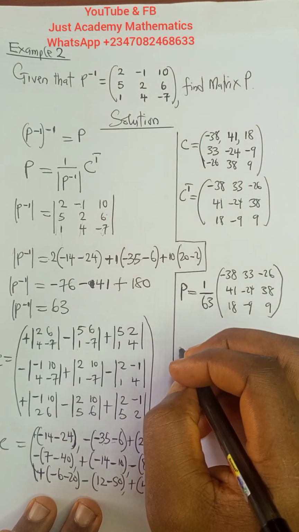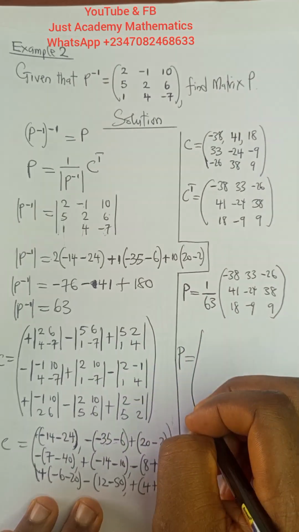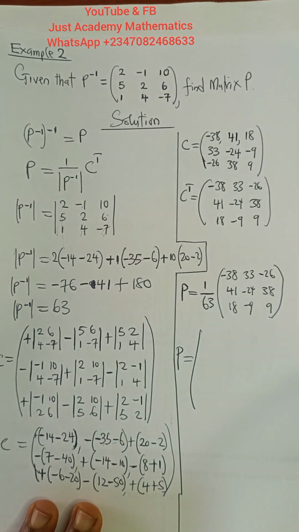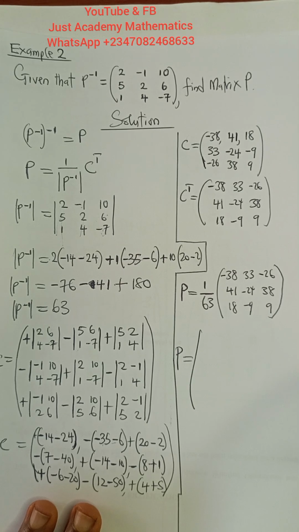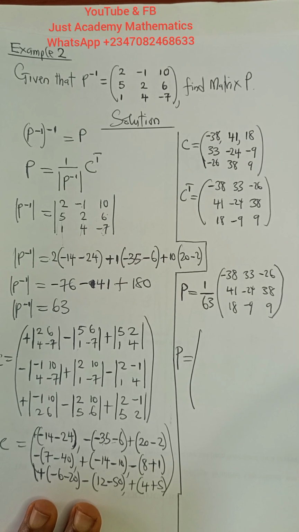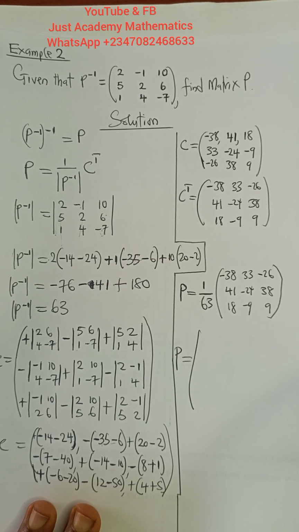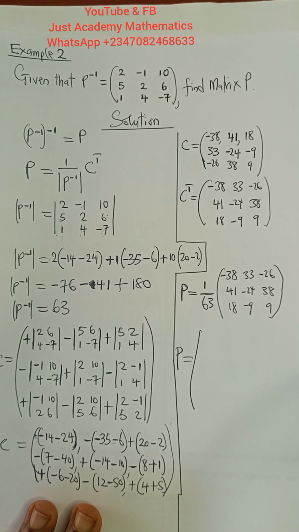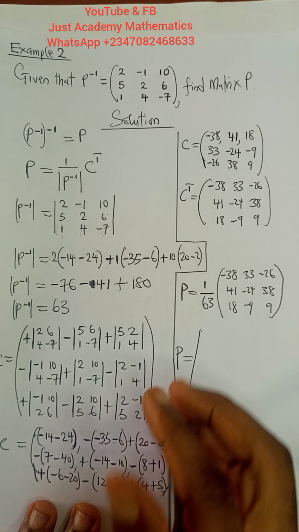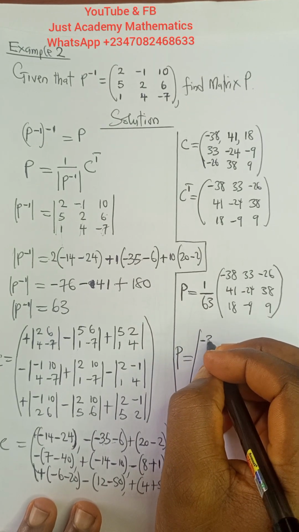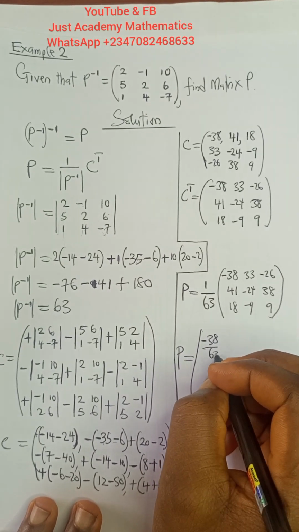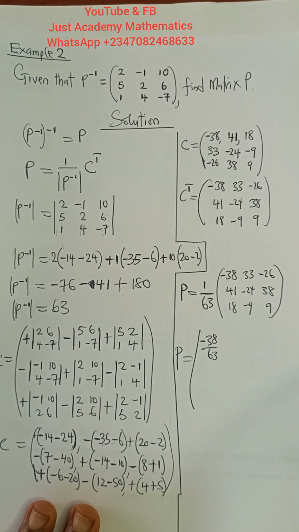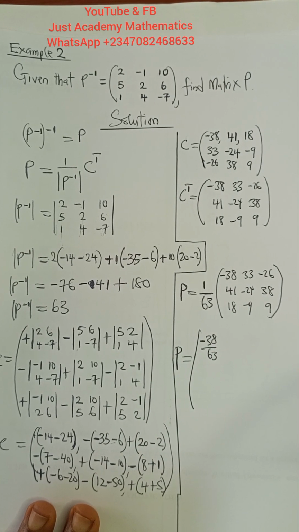So if you put the values inside, you have minus 38 and 63. I don't think there is anything common between both of them. 38 and 63. 3 into 63 is 21. They don't have anything in common. So this one will remain minus 38 over 63. 41 and 63 also have nothing in common.